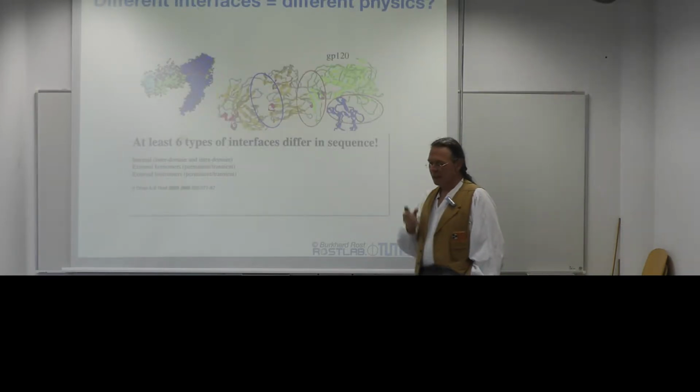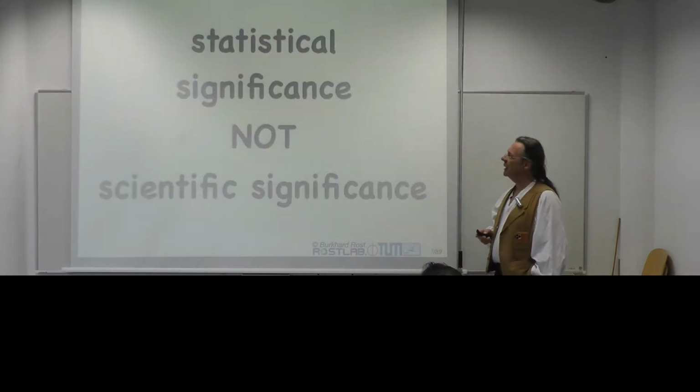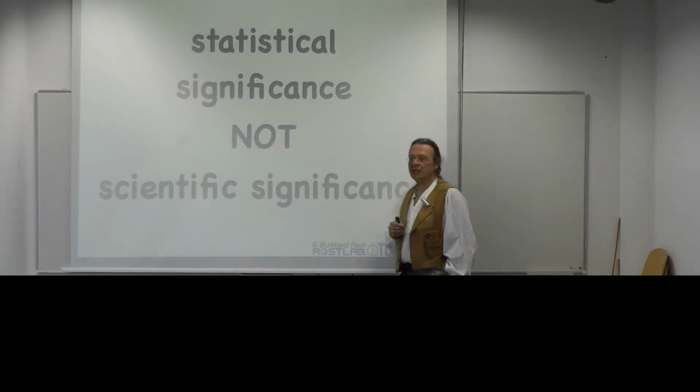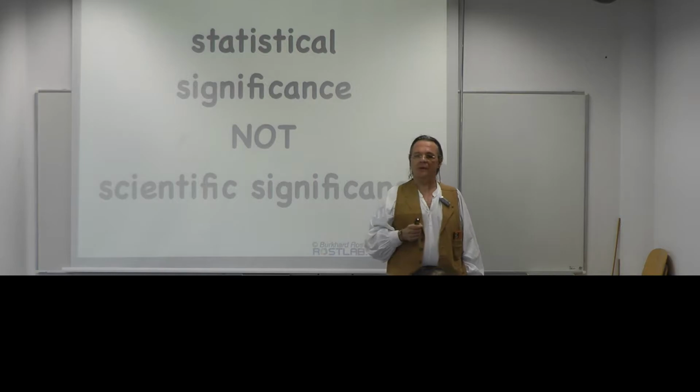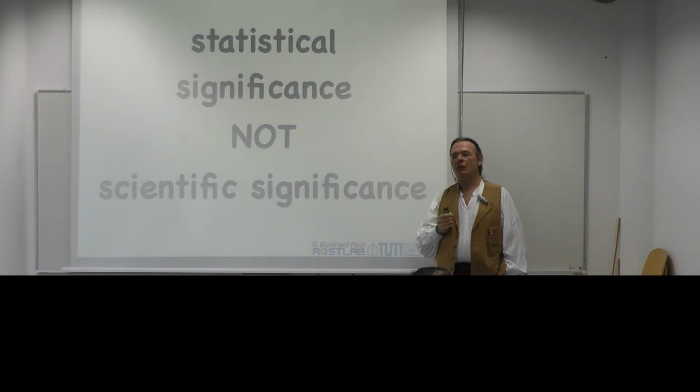We addressed that. We showed that there are even more different types that can be distinguished. We talked about this issue that statistical significance is not scientific significance. Briefly, statistical significance essentially is about quantitative difference.